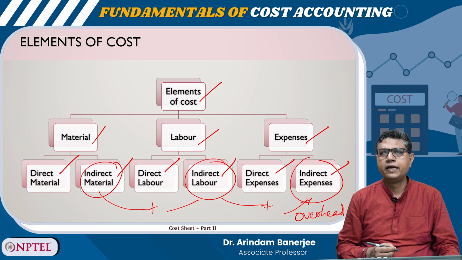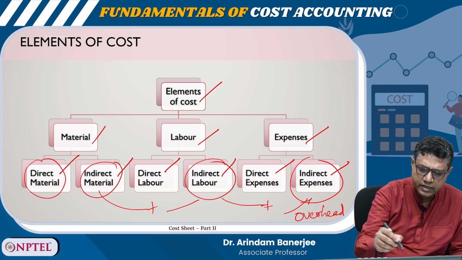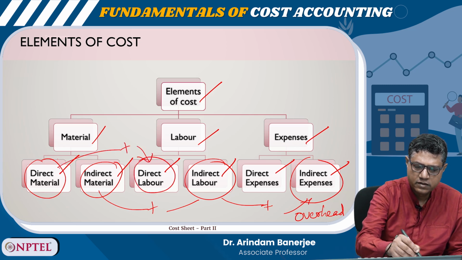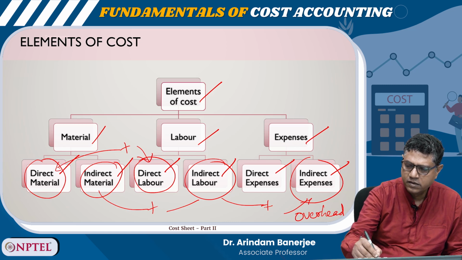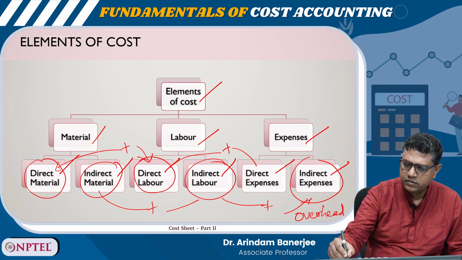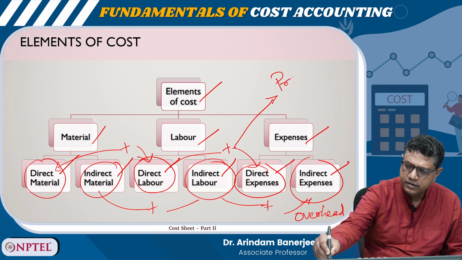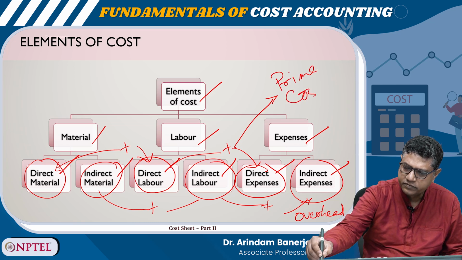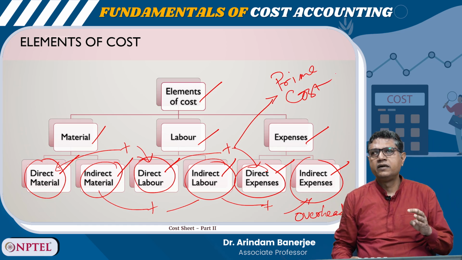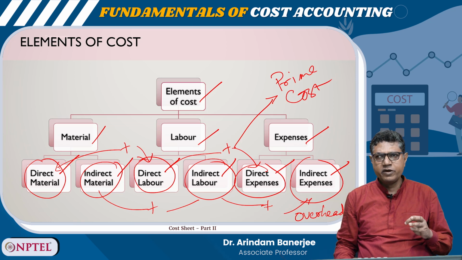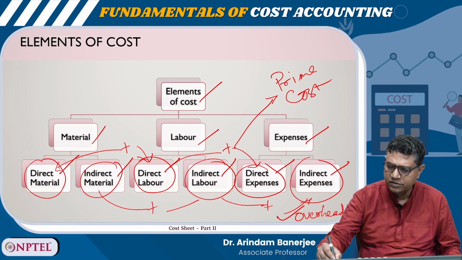And if I add these three, direct material plus direct labor plus direct expenses, then it is called prime cost. If I add indirect material plus indirect labor plus indirect expenses, it is called overhead.